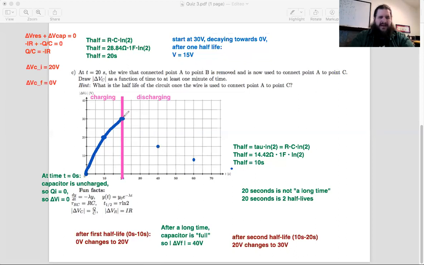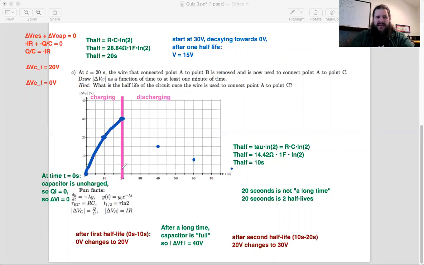Well, at 20 seconds, we start off at 30 volts. Because during the charging portion, every 10 seconds, we decay halfway. So for the first 10 seconds, we go from 0 to 20, because that's halfway towards 40. Over the next 10 seconds, we decay another halfway towards 40. Halfway from 20 to 40 would be from 20 to 30.